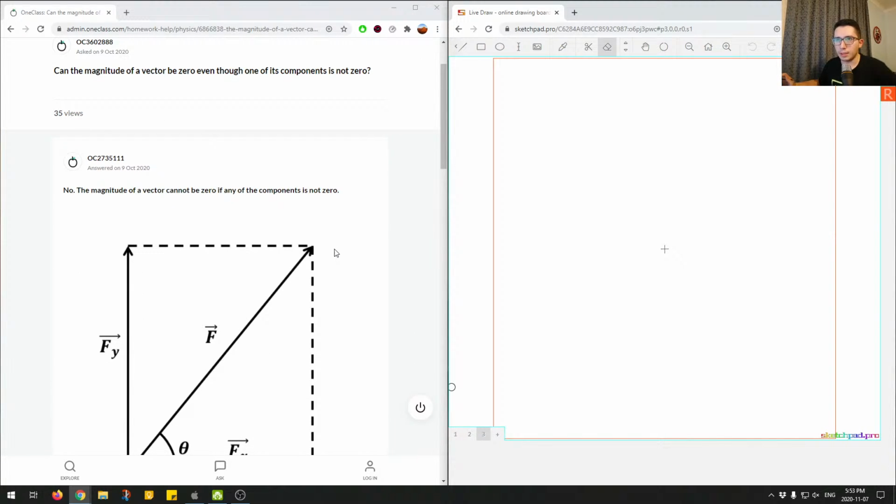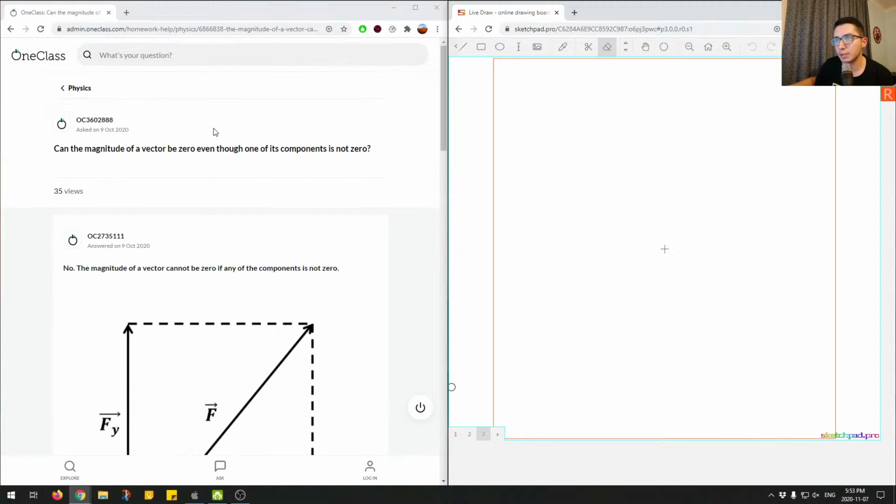Okay, so in this question, we're asked, can the magnitude of a vector be 0 even though one of its components is non-zero? So not 0. So we have some vector. So I just draw an arrow. So this is question number 3. So some vector, we can say this is u. And we're asked if one of its components is non-zero.